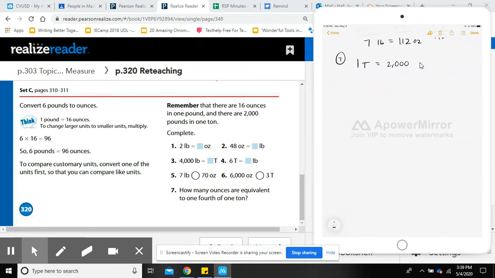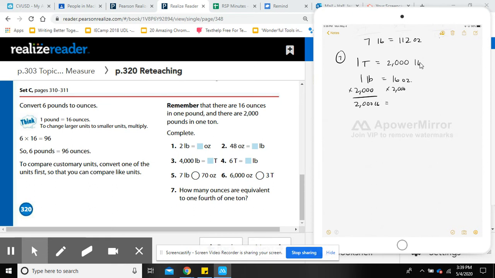And 1 pound is equal to 16 ounces. So if we needed to get to 2,000 pounds, we would do this, right?